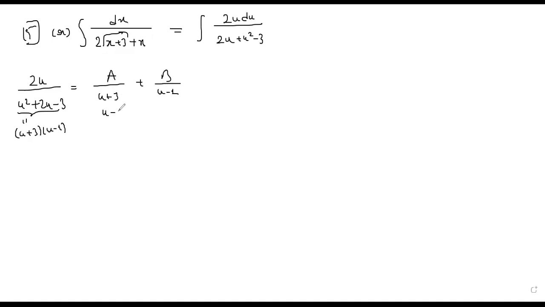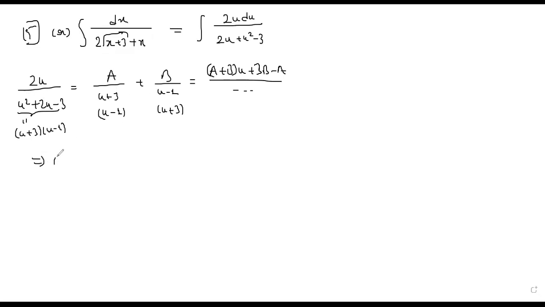Now, if you multiply this by u minus 1 and this by u plus 3, I will directly write the coefficient of u and the constant: 3b minus a, with the same denominator.